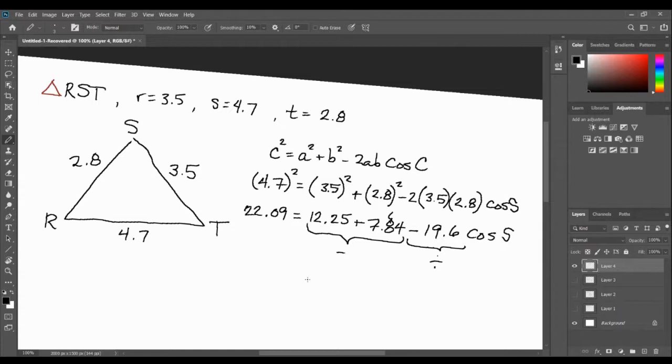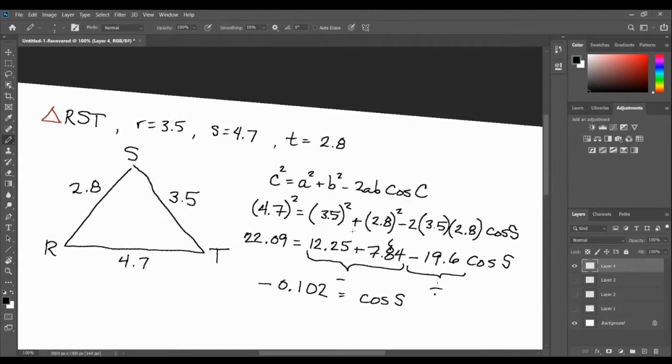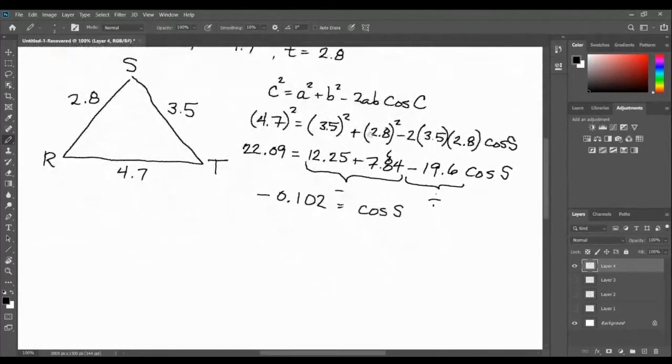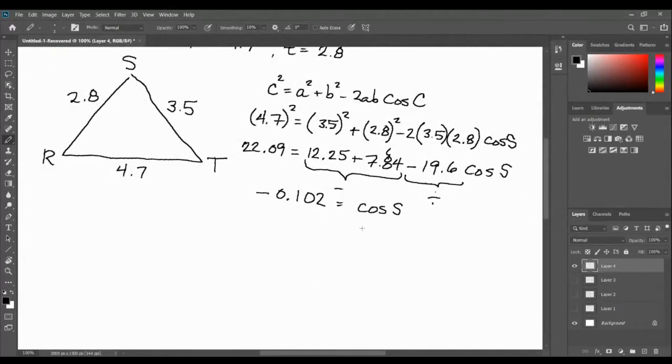Divide that by a negative 19.6 gives me negative 0.102 is cosine S. So I'll take the arc cosine of that, and I get 95.85, or 95.9.